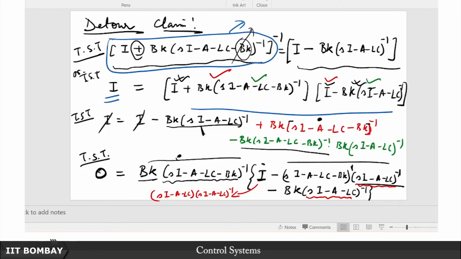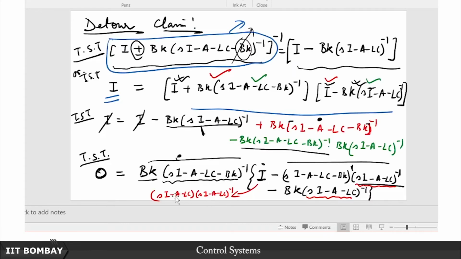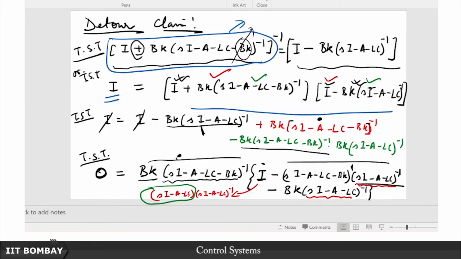Then notice very carefully, I am going to retain this term, so I have rewritten identity as (Si minus A minus Lc) times (Si minus A minus Lc) inverse. And then I am going to take this part out common from the right, because this part is common here, here, and here as well, in all the three terms.